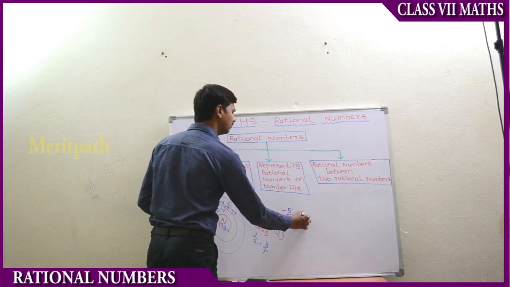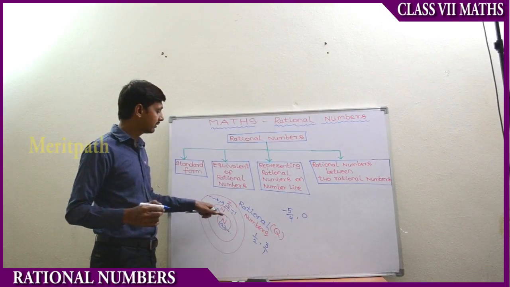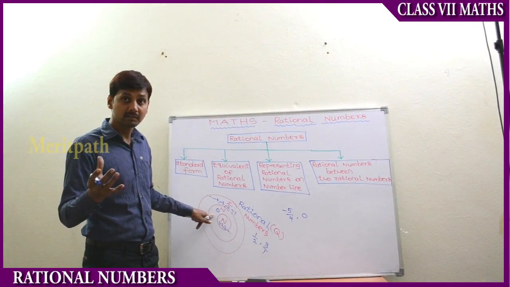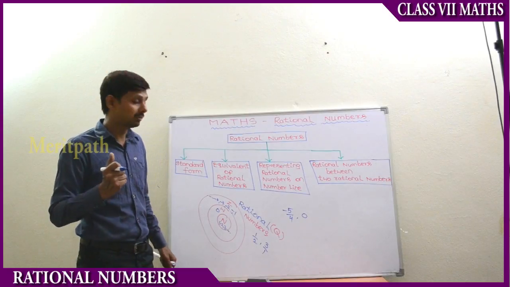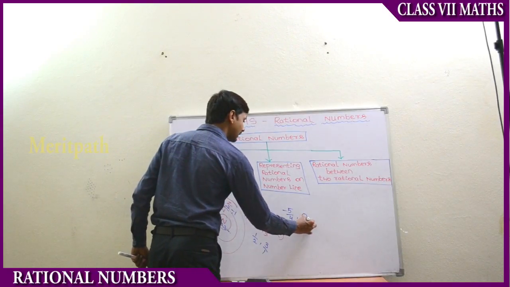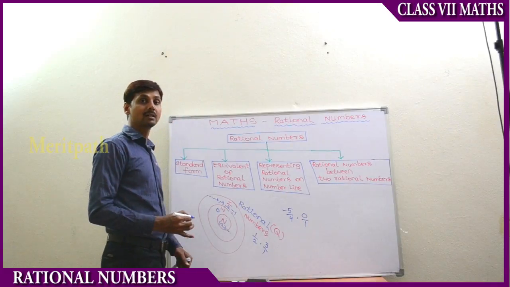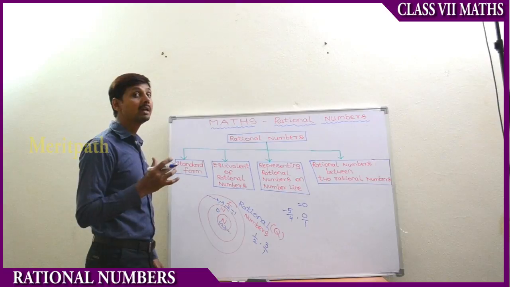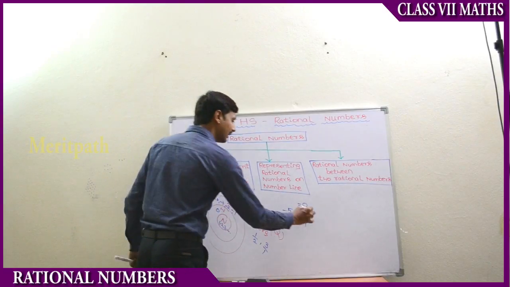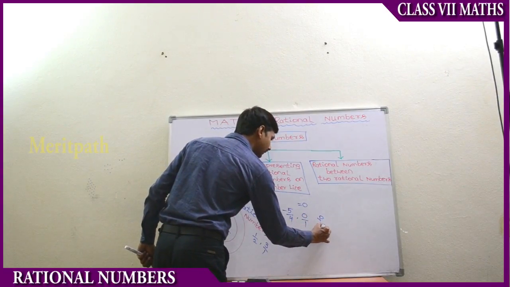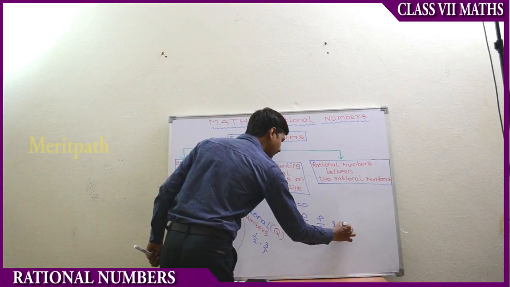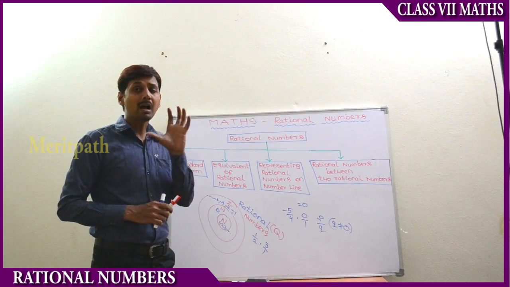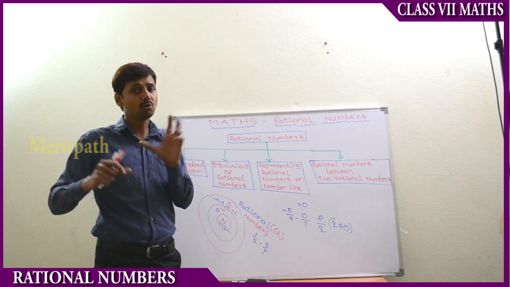If we write 0, 0 is a rational number, because we already know that all whole numbers are rational numbers. But how is 0 a rational number? We write 0 by 1, which is equal to 0 only, and that's the reason 0 by 1 is called a rational number, where this is p by q and q is not equal to 0.